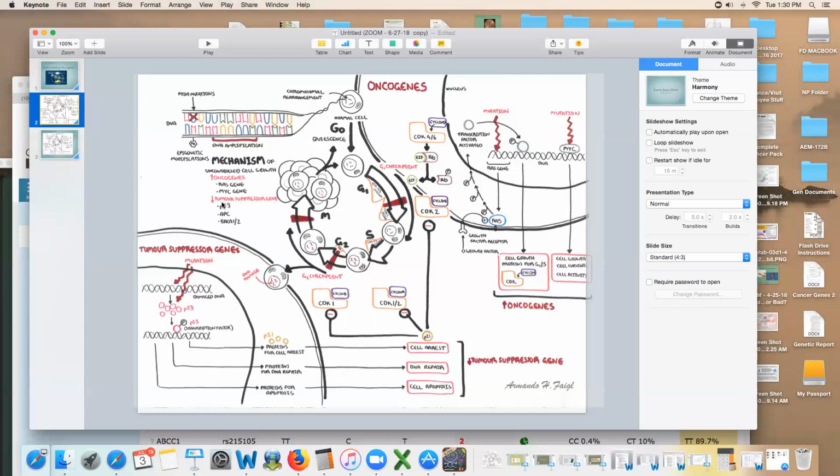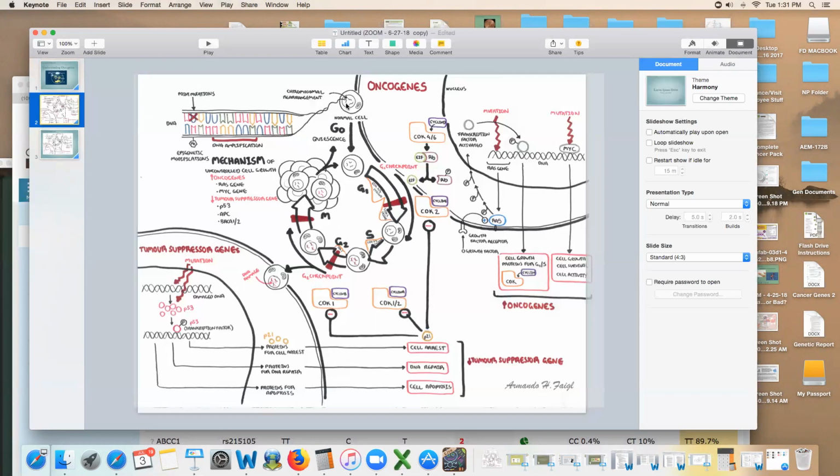The other way that our body protects against cancer growth is what's called a tumor suppressor gene. So there's certain genes that help with these checkpoints. So they look at a cell and see if it's damaged. And if it is damaged, those tumor suppressor genes kick in so that a cell won't go through this process of replication.